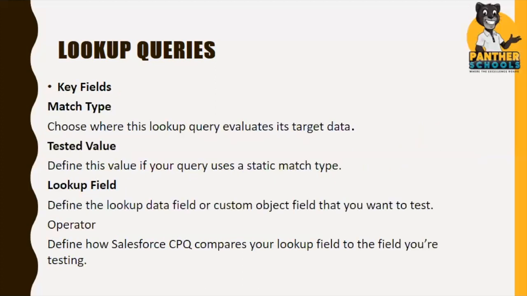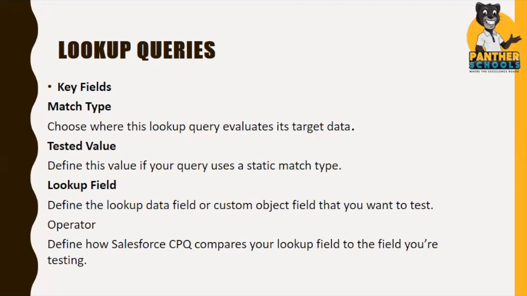After that, what is the match type? It is a field value, a static value, or something else. Tested value means what is the value; I will show you. And lookup field is the field value you are comparing with the custom object field value.